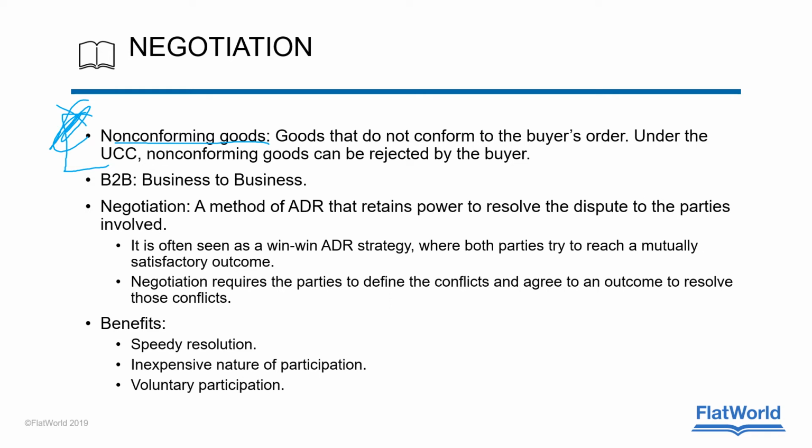The negotiation can be B2B, business to business, and negotiation is often seen as a win-win ADR strategy, where both parties try to reach a mutually satisfactory outcome. Negotiation requires the parties to define the conflicts and to agree to an outcome to resolve those conflicts.